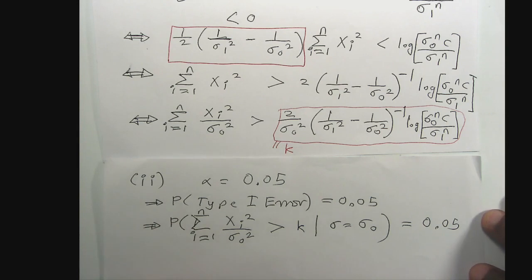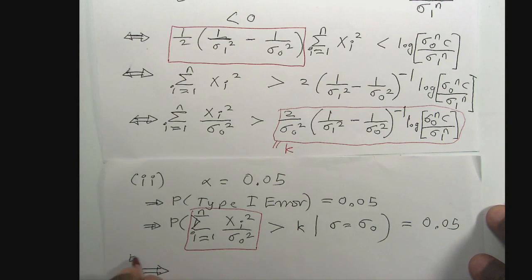Now let me ask you something. I know you guys have been revising for the test a lot, but given that sigma equal to sigma 0, what distribution do you think this will have? The answer to this question is in the lecture notes. Yes, exactly, guys.